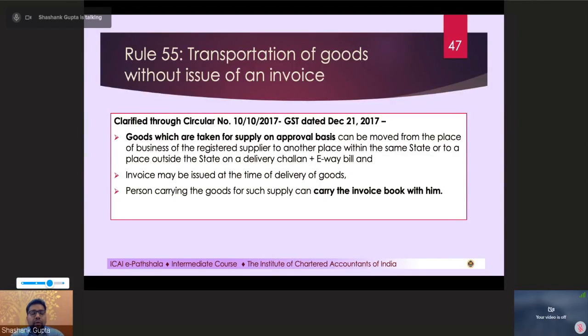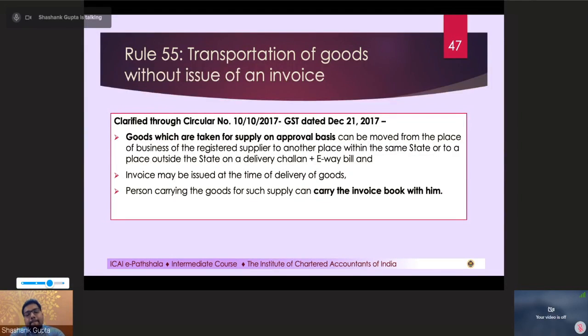How many packets of milk do you require? Some days he says, give me 10 packets. Some days, give me 20 packets. Some days he says, yesterday's stock is lying unsold, so I will not take any new stock. So every day there is a fluctuation in demand. But the business scenario is such that every day early in the morning, these tempos are filled with goods and sent across locations for distribution of these goods.